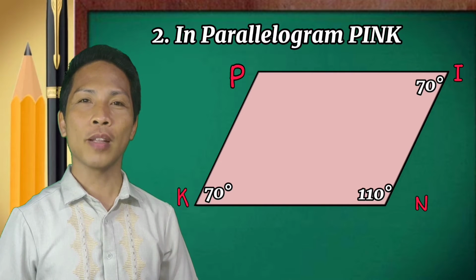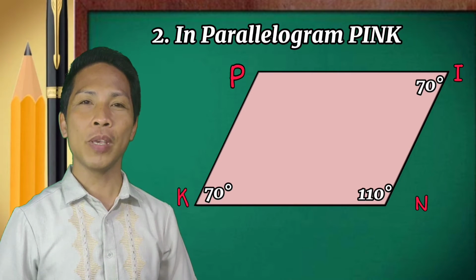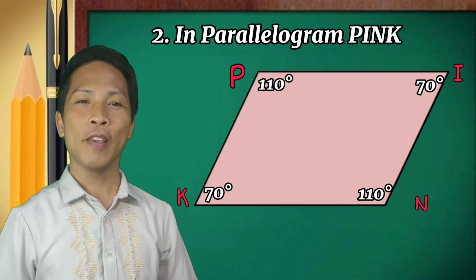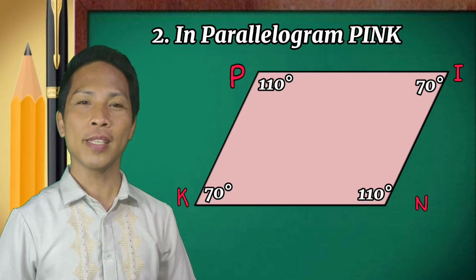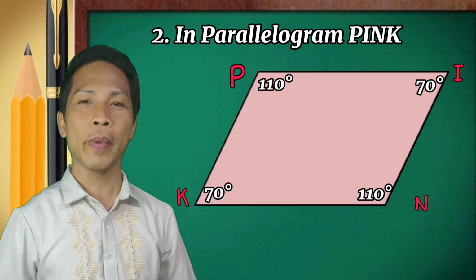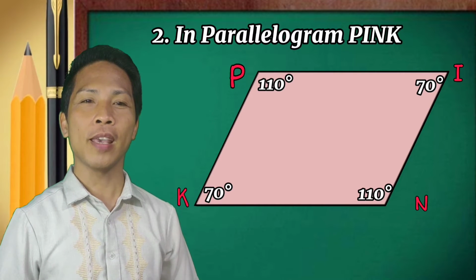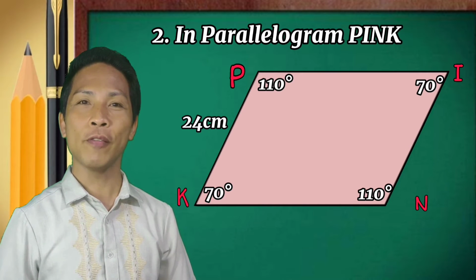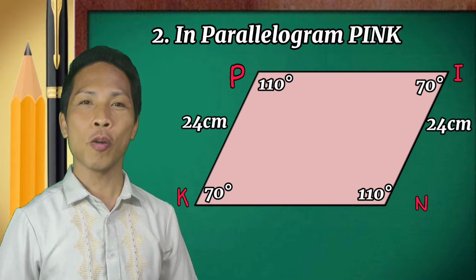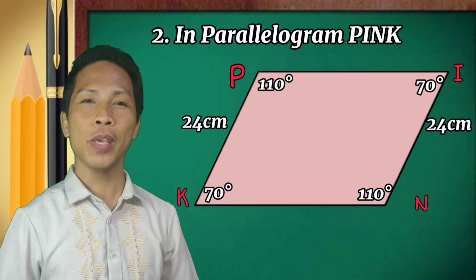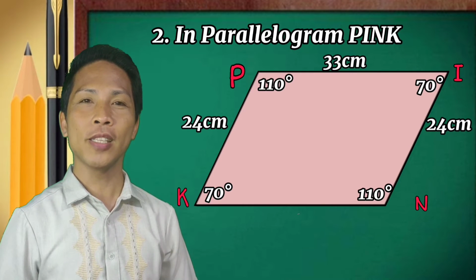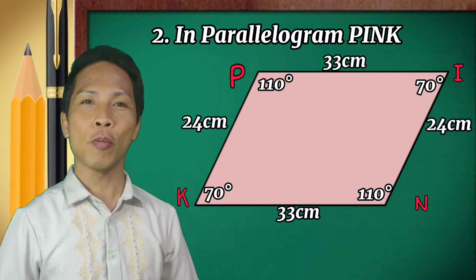If angle K equals 70 degrees, then angle P equals 110 degrees since they are supplementary. If angle I equals 70 degrees, then angle P equals 110 degrees since they are supplementary. If side PK equals 24 centimeters, then side IN is 24 centimeters since they are opposite sides. If side PI is 33 centimeters, then side AN is 33 centimeters since they are opposite sides.